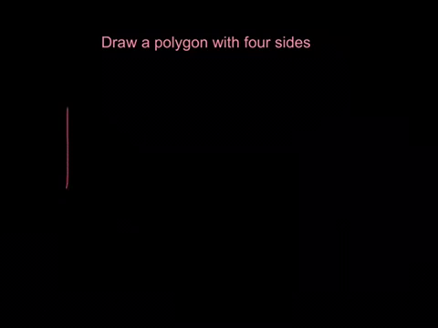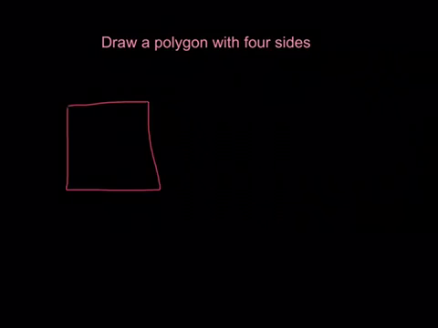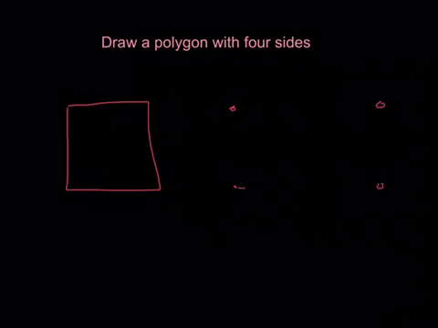Okay, now I'd like you to draw a polygon with 4 sides. I want you to pause the video and I want you to draw a polygon with 4 sides. Push play when you're ready. Okay, your polygon with 4 sides could have looked something like this. Could also have looked like, let me make my 4 points and connect them.